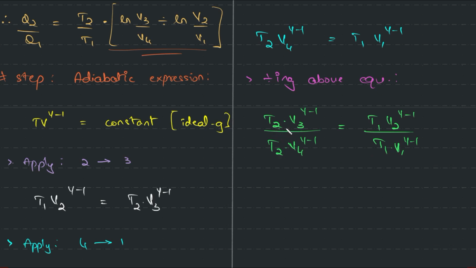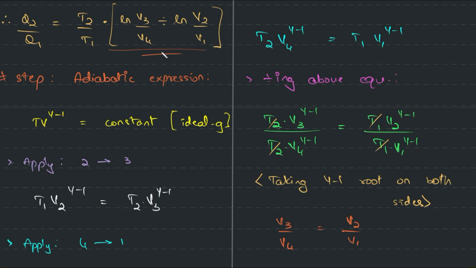Okay, T3, T2. Okay, perfect. So this and this will get cancelled, this and this will get cancelled. So we have gamma minus 1 that we have to take care of. So taking the gamma minus 1 root on both sides, we end up with V3 by V4 is equal to V2 by V1.